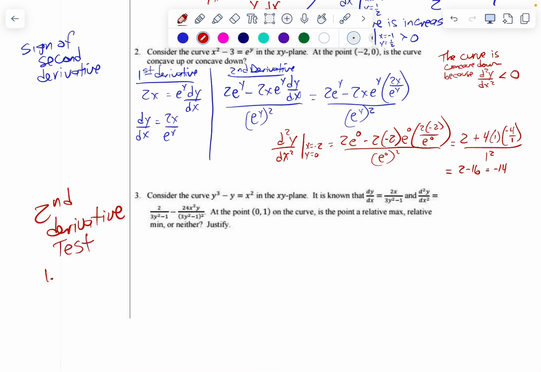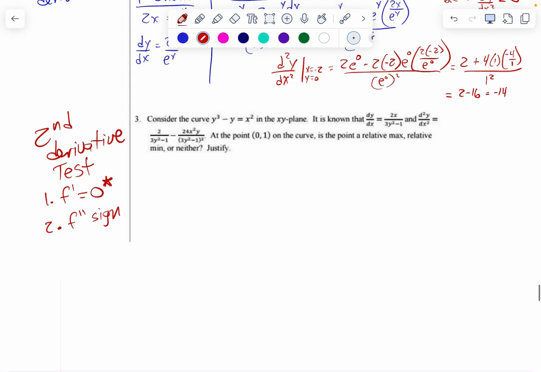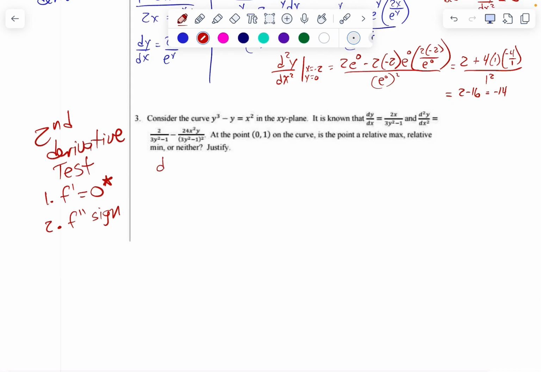Okay, so let's do it as f prime equals 0 and then the sign of f double prime. But f prime has to be 0. If it's not, then we can't use this test. So let's check it first. Again, we can't use f prime when we do the problem.